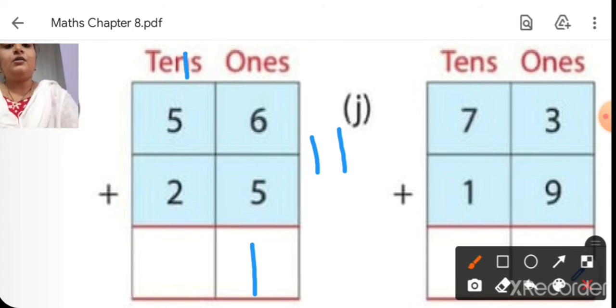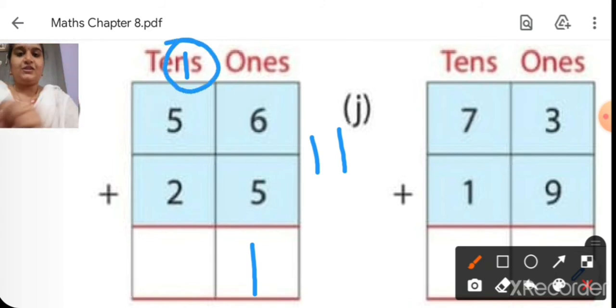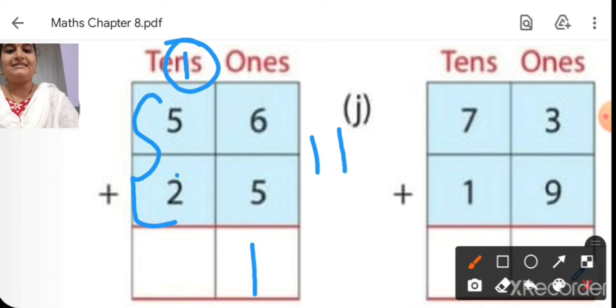Okay. But what is going to be special in this? We are going to add 3 numbers here. 1 plus 5 plus 2. So what we are going to do is add these 2 numbers first. I am going to write the answer here.